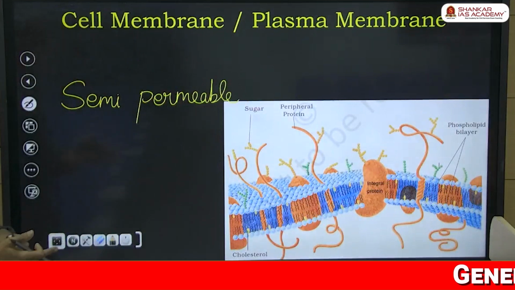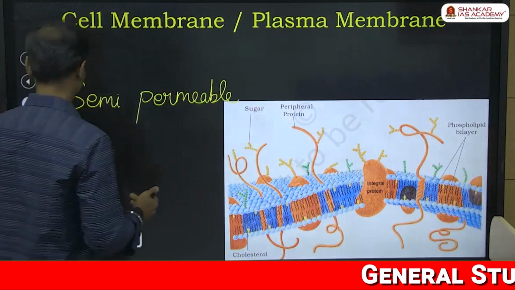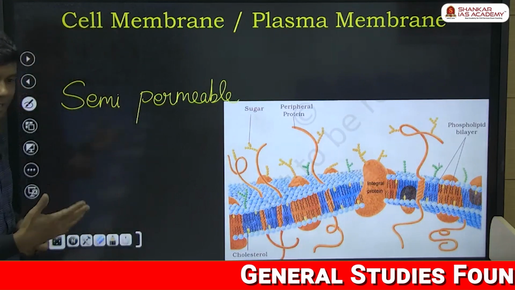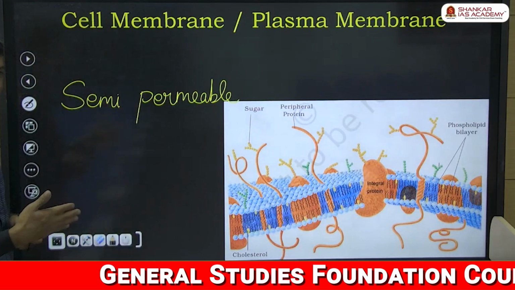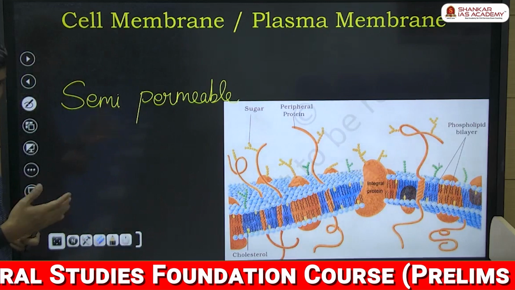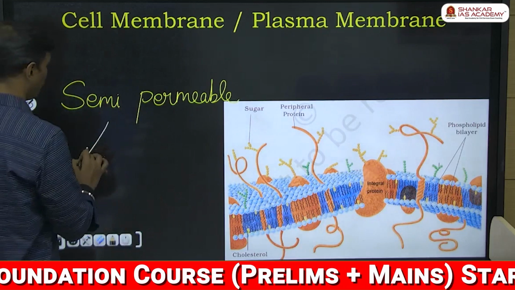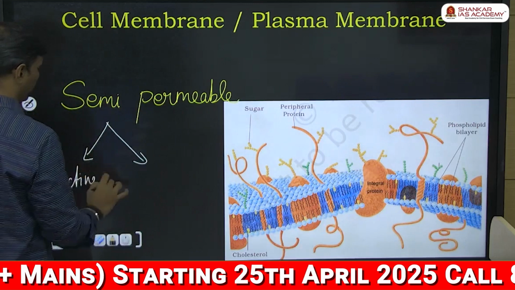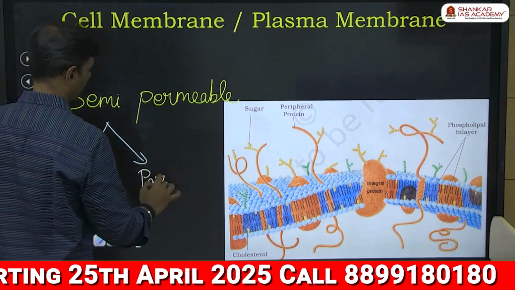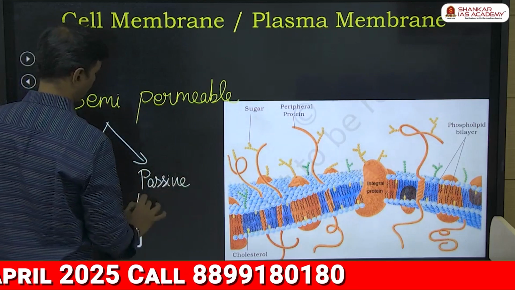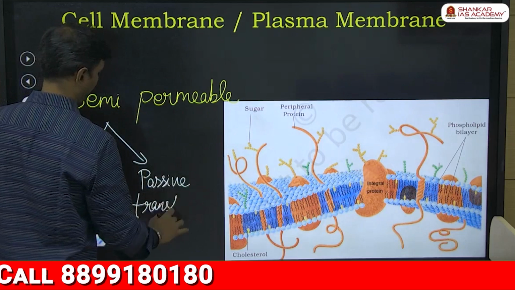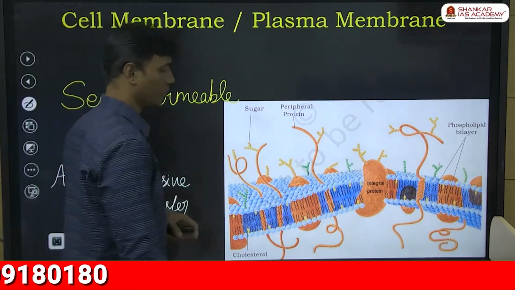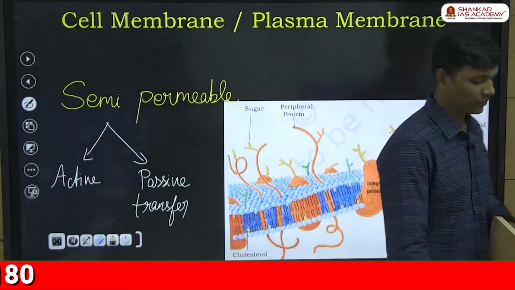So what enters or leaves the cell is decided by the cell membrane. It's more like a barrier. Sometimes it will allow things, sometimes it will stop things. It's responsible for both active and passive transfer.